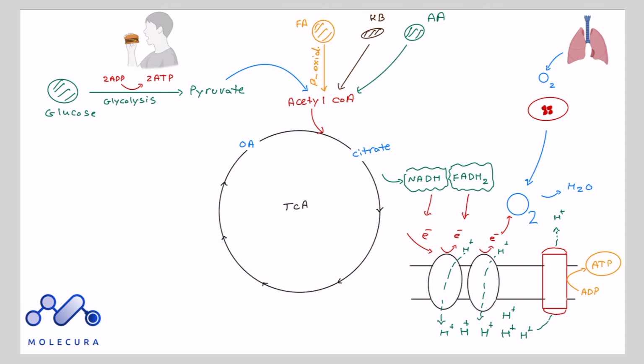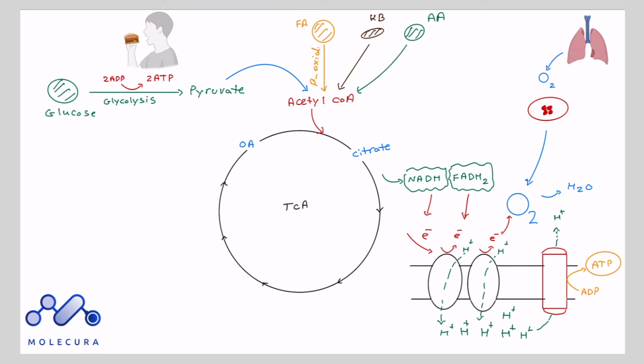This process we call oxidative phosphorylation, and this process is necessary for animal cells to produce energy. Without this process, the cell is going to die very quickly, and pathologies that affect availability of glucose, fatty acids, amino acids, or oxygen are going to result in pathology.